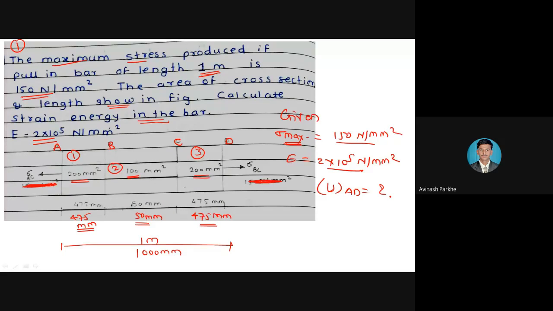Yes. Apply the concept from chapter number 1. The stress is maximum where area is minimum, and stress is minimum where area is maximum. Now here the maximum stress value 150 Newton per mm square is given. Now out of the 3 sections, where is the area minimum?